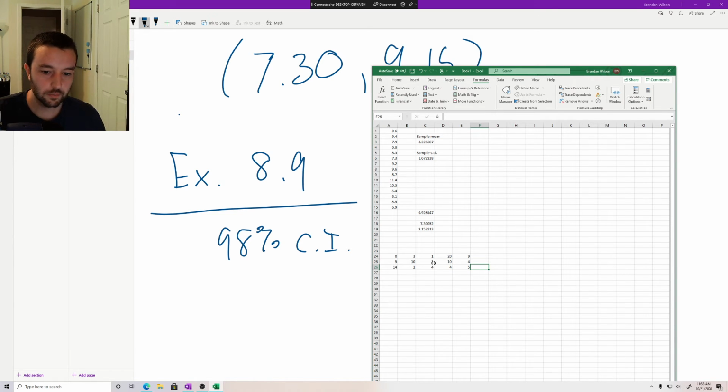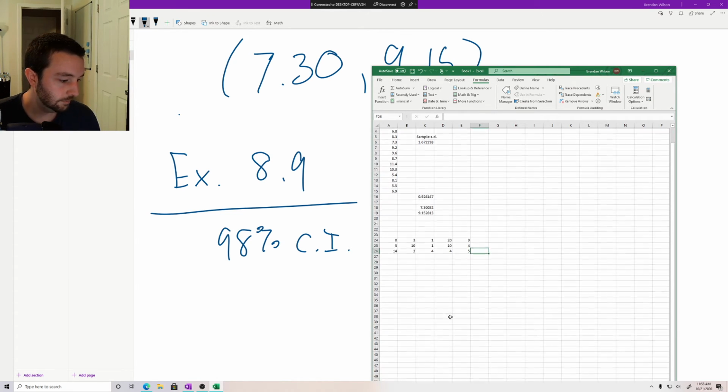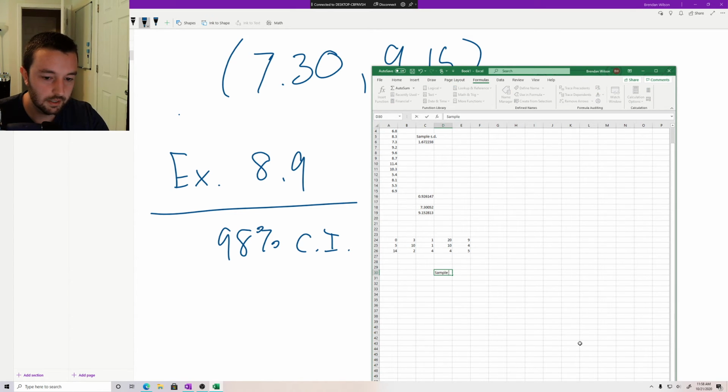Okay, so this is the table that they have. So we can see that there are 15, again, students asked. Okay. So we're going to need the sample mean again. We're going to need the sample standard deviation again. We're going to need to calculate the EBM again. Okay.